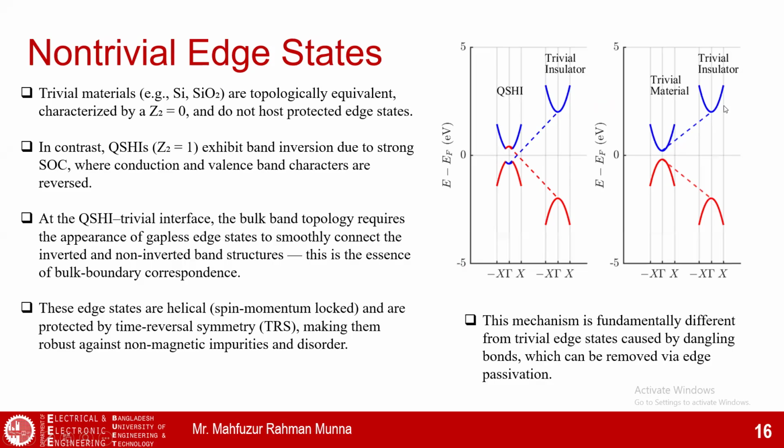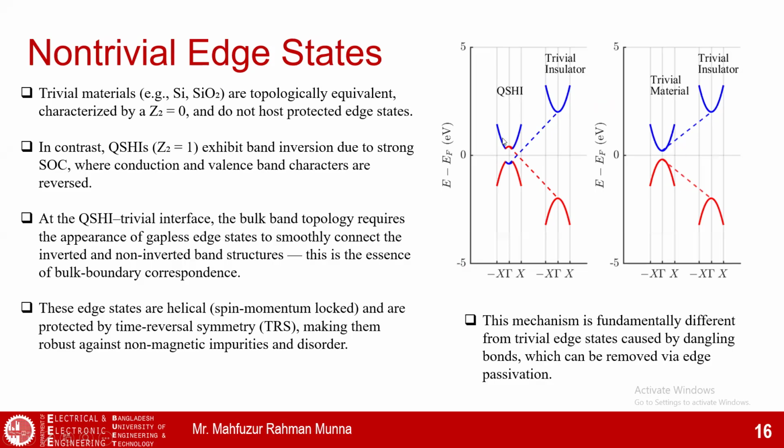But as both materials are topologically trivial, at the interface between them the conduction band gets connected with the conduction band, the valence band gets connected with the valence band, and there are no edge states.